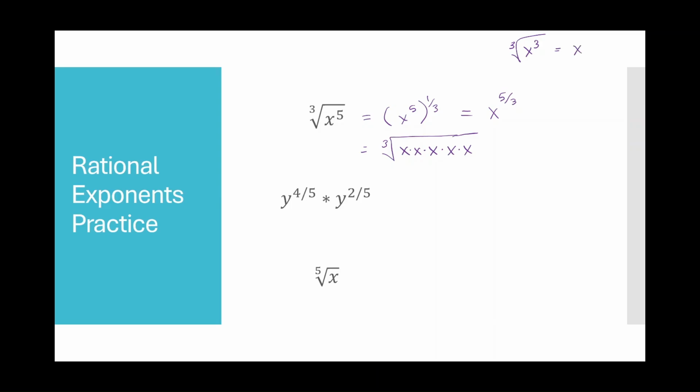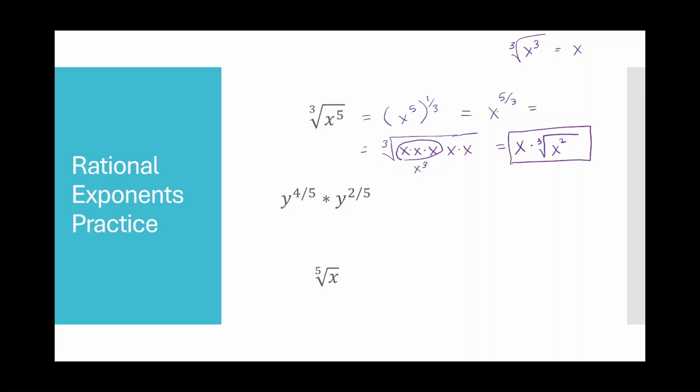So any group of 3 I have under a cube root can take 1 x entirely out from under that radicand. So here, those 3 x's is an x cubed, and the cube root of x cubed is just x. So I'm going to bring all of those out. That's just an x. And then underneath, I still have that cube root of 2 x's left, x squared. This is my simplified form. I took out the x's that I could.